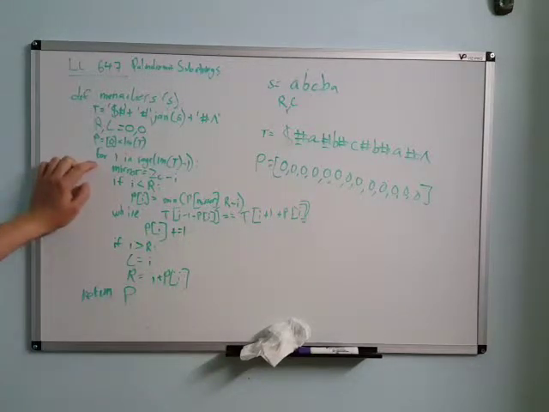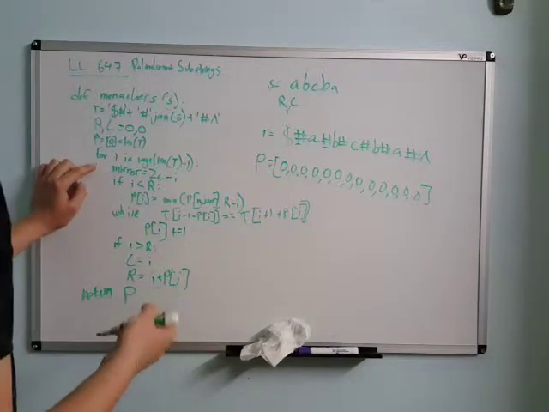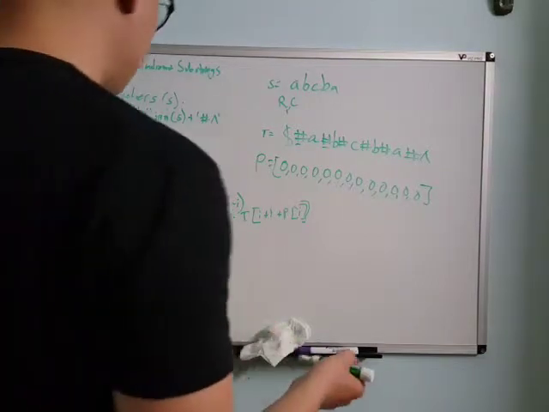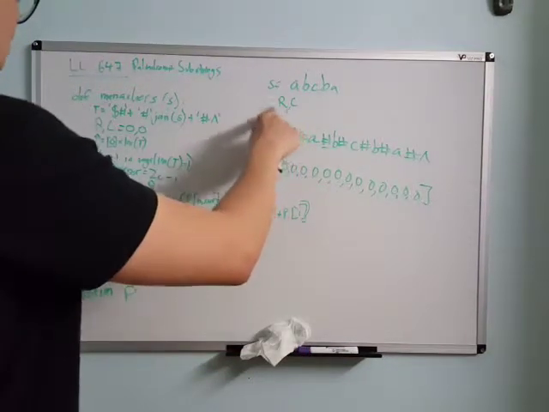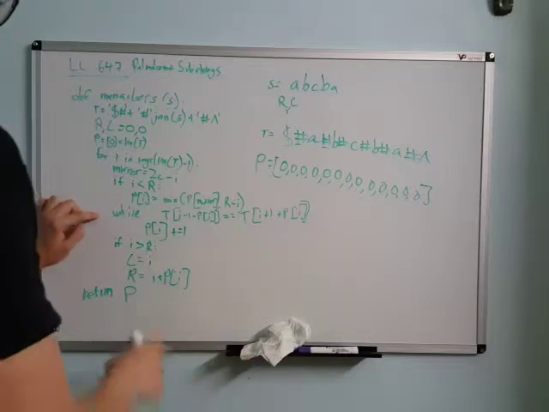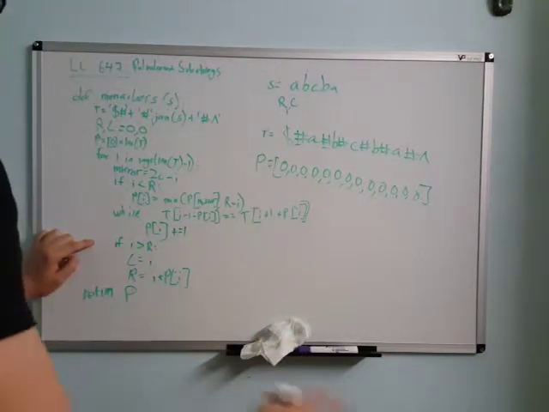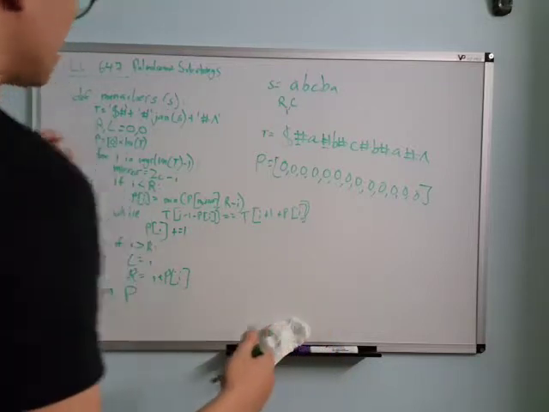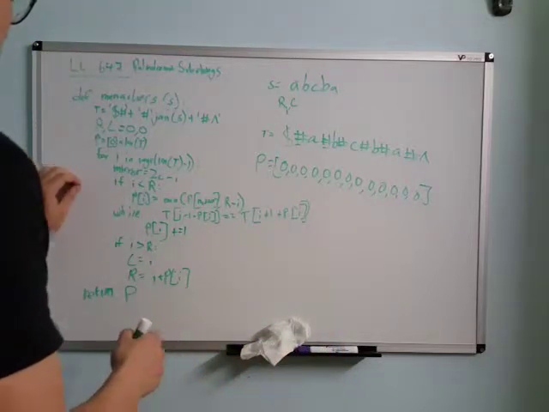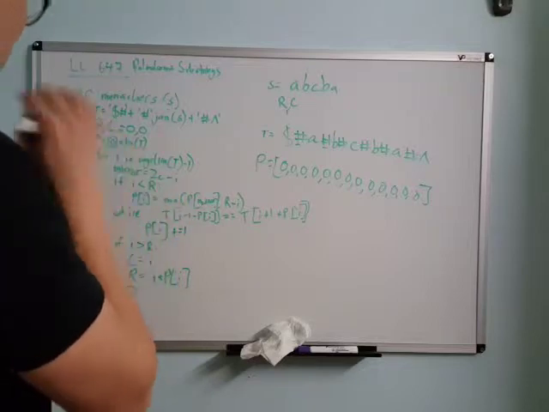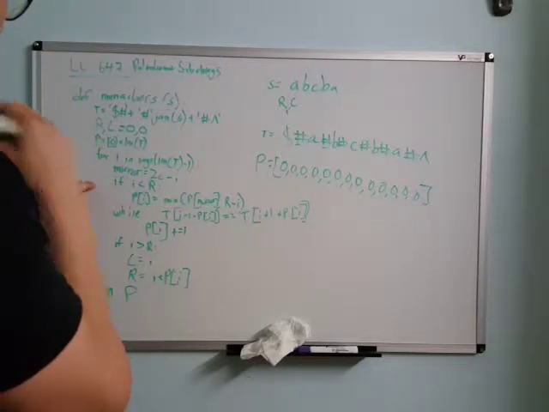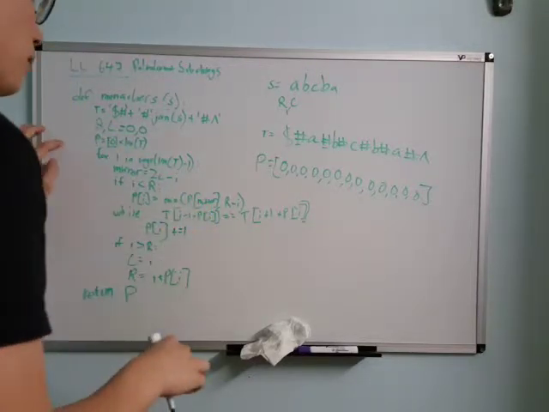So for I in range of T minus 1, if I is less than R, no, I is 0, R is also 0, no. While these are equal to each other, no. If I is greater than R, no. So we go to the next iteration. And then mirror is here as well. You could just put that in there.